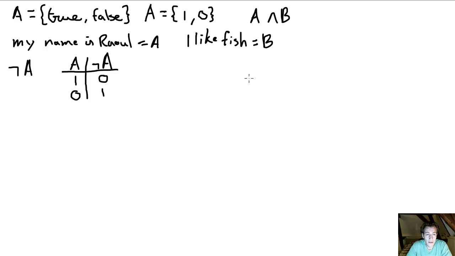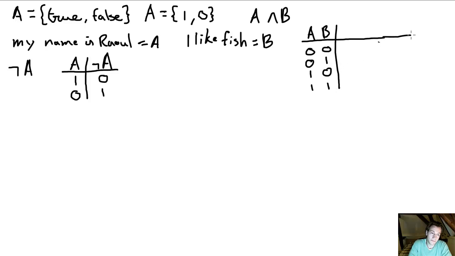Note that there are now 4 different combinations, so let's make a nice table again. We have A and B. They can both be false, so they can both be 0. A can be false and B can be true. A can be true and B can be false. And the last combination, A can be true and B can be true. Now we made all the combinations.